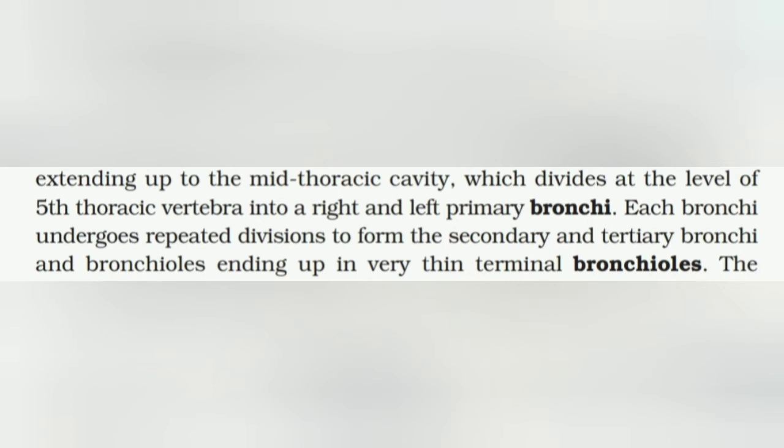extending up to the mid-thoracic cavity, which divides at the level of the fifth thoracic vertebra into right and left primary bronchi. Each bronchus undergoes repeated divisions to form the secondary and tertiary bronchi and bronchioles, ending up in very thin terminal bronchioles.